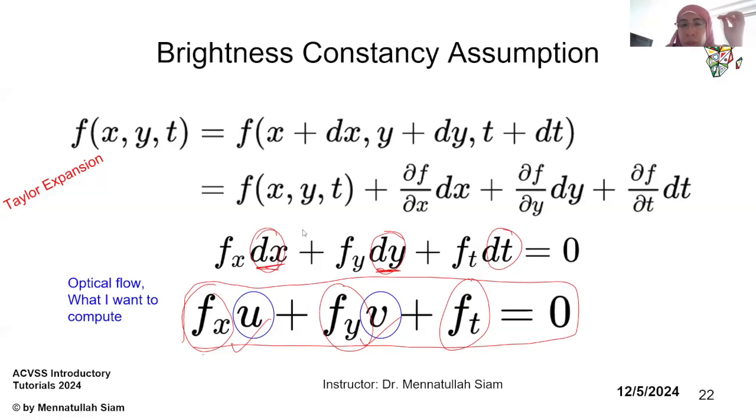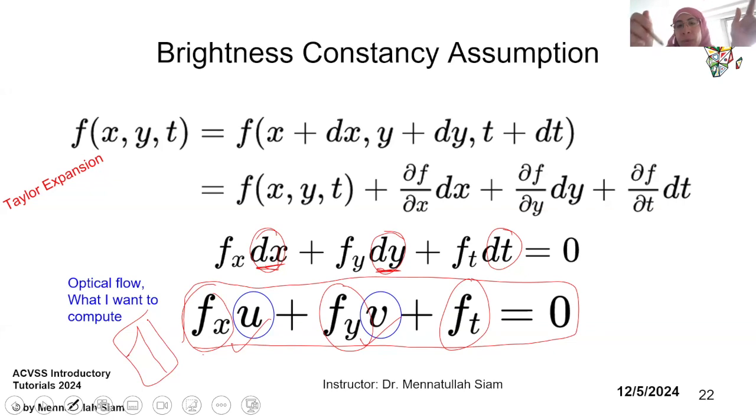What do you think? We all agree, I have one equation, right? I have one equation here, which is fx u plus fy v plus ft equals 0, which we derived through this assumption that the brightness is constant. That the object, as it moves, the pixel will change, yes, but the intensity will not change, as an assumption.